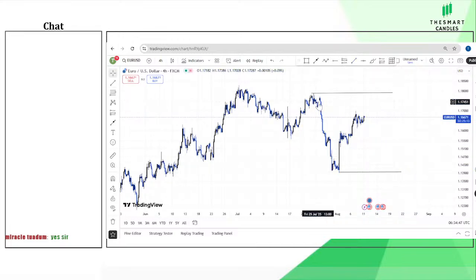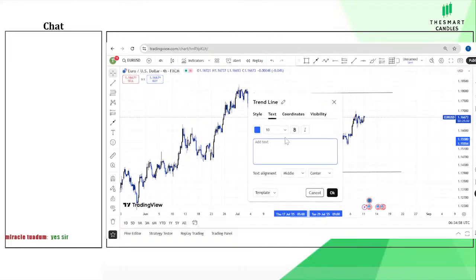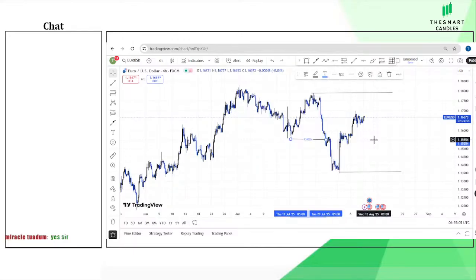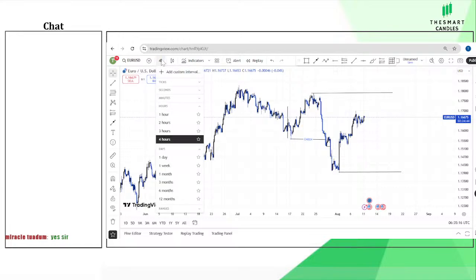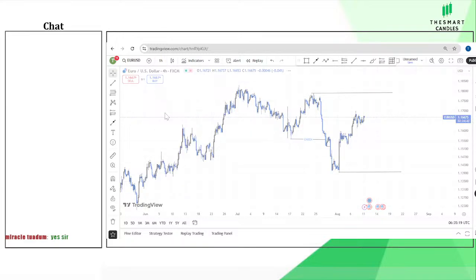At this point, we had this change of character on the 4 hours time frame. We had this break of structure down here. So let's go down to the 1 hour to see the immediate price action now.